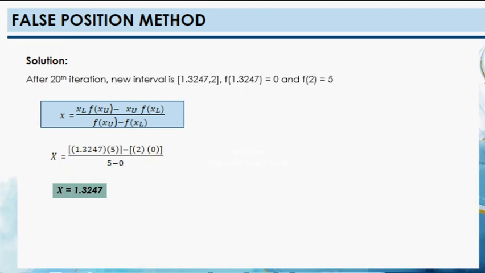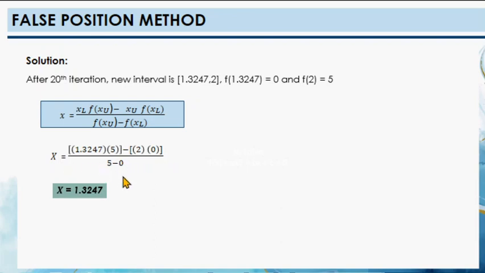So, dahil kompleto na tayo ng mga values, plug in lang natin siya dito sa formula na to. So, we have 1.3247 for x sub L. We have 5 for f of x sub U minus yung ating x sub U, which is 2. Yung ating f of x sub L, which is 0. So, i-divide lang natin siya.